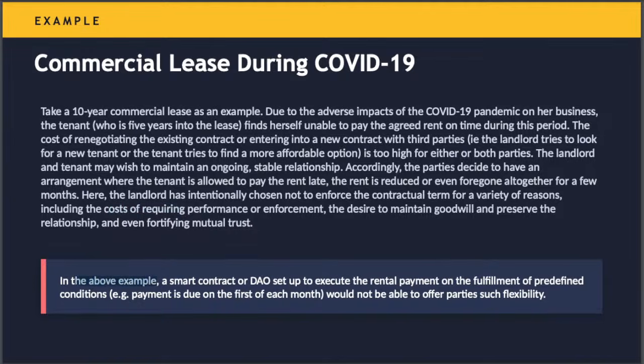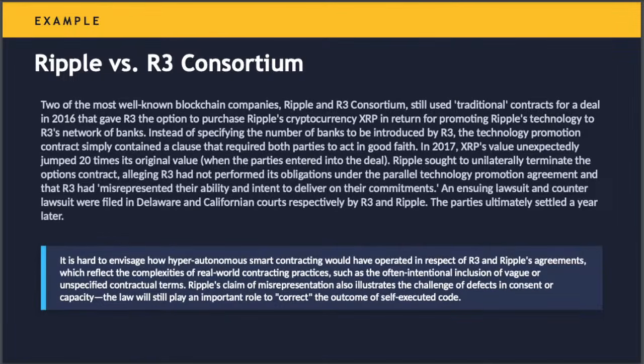In the above example, a smart contract or DAO set up to execute the rental payment on the fulfillment of predefined conditions, for example, payment is due on the first of each month, would not be able to offer parties such flexibility.